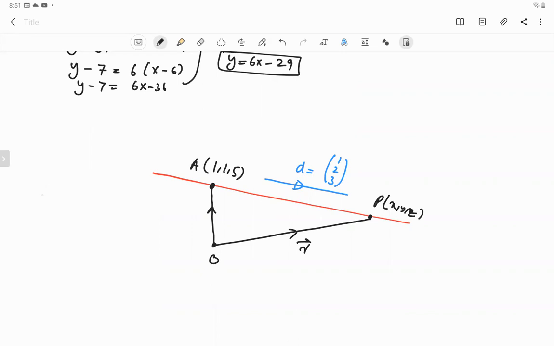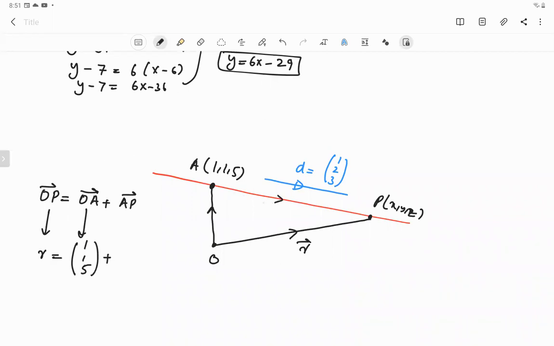And we know that OP is equal to OA plus AP. Now we replace OP by R and OA by its coordinates. We write it in the column vector form.